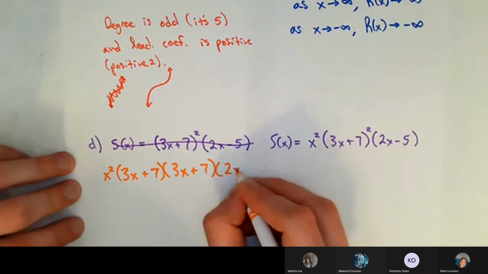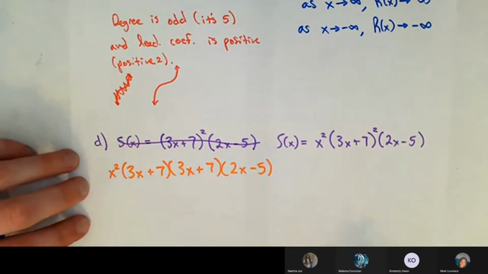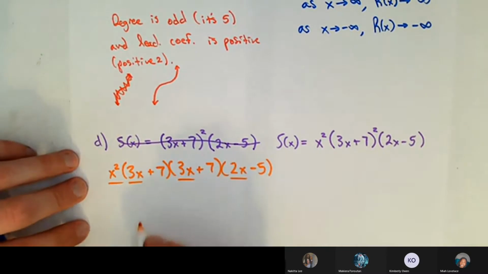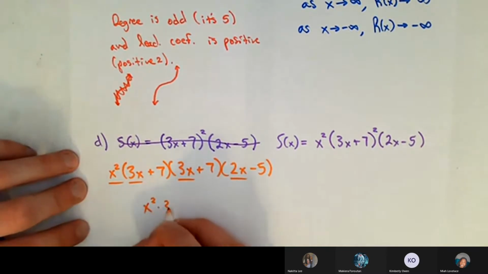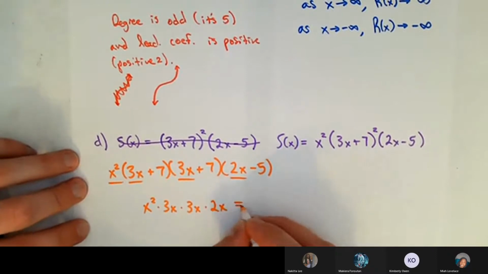And then I'll add that 2x minus 5 on the back. And now I'm going to take the product of all of the x terms. So I've got x squared times 3x times 3x times 2x. That's what I'm going to look at. This will tell me my leading term.